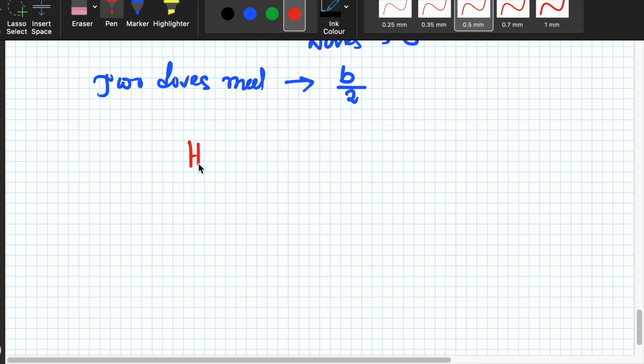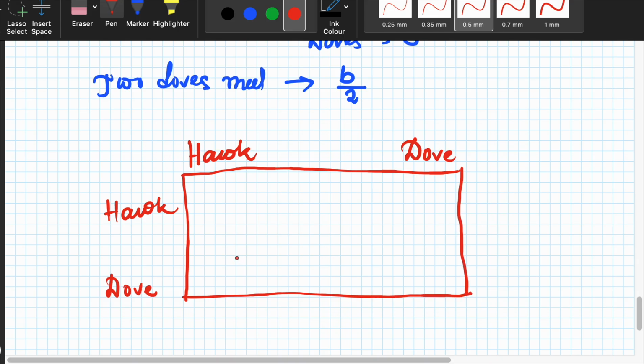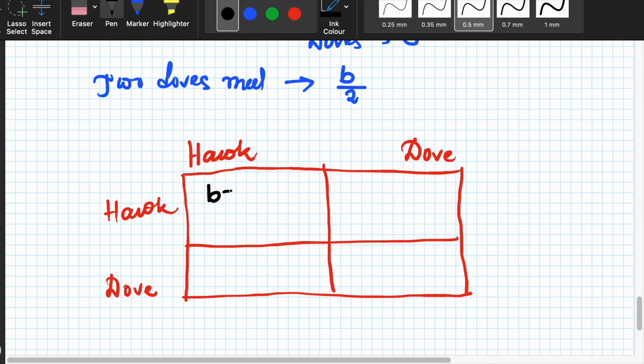The strategies are hawk and dove. Let me write the payoff from player one's perspective.